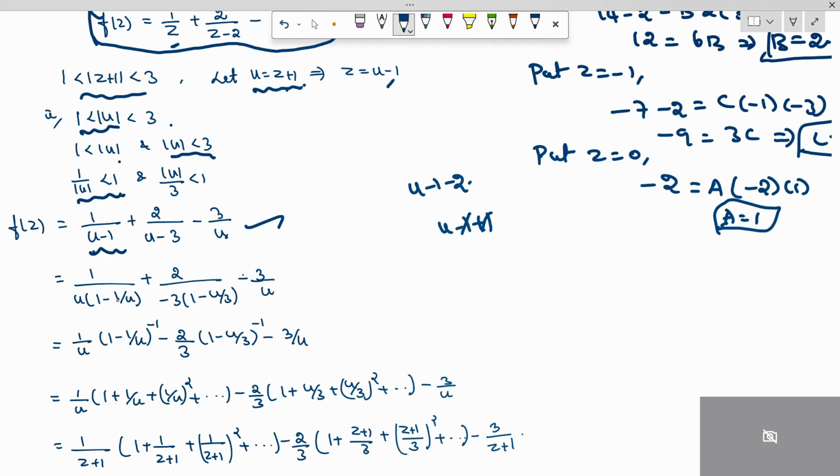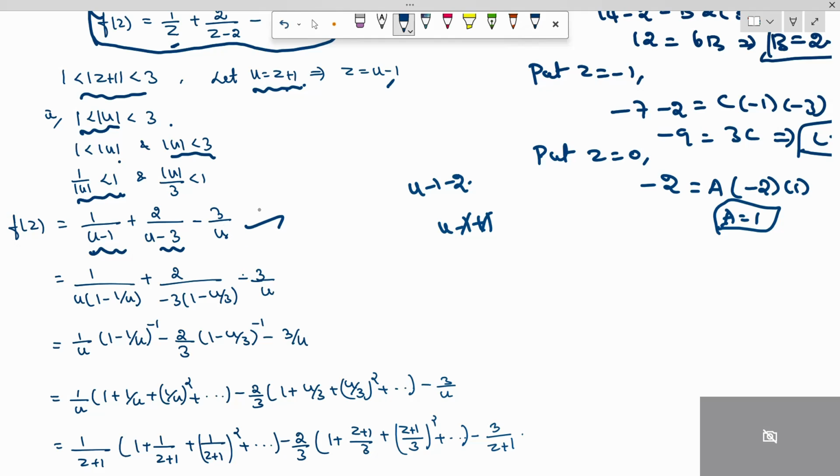So from this term take u common, and we can write the 1 minus 1 by u form. In the second term we need u by 3, so take minus 3 common and we will get minus 3 into 1 minus u by 3 form. In the third term, you need not do anything, we already have 3 by u.